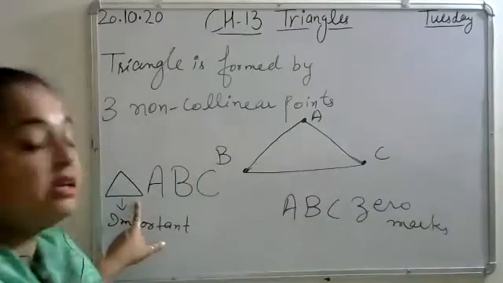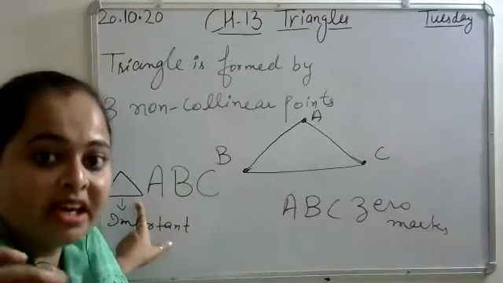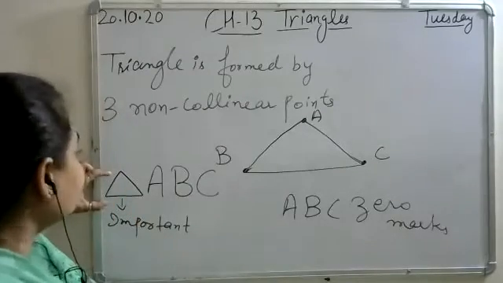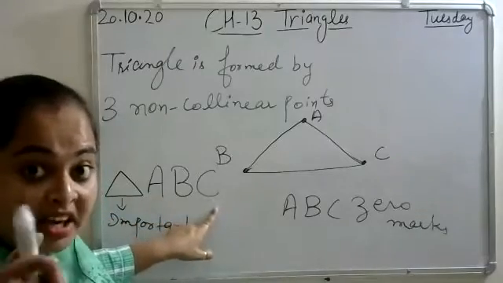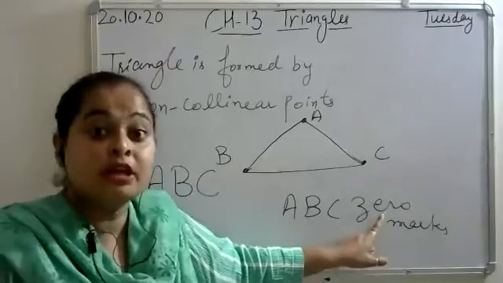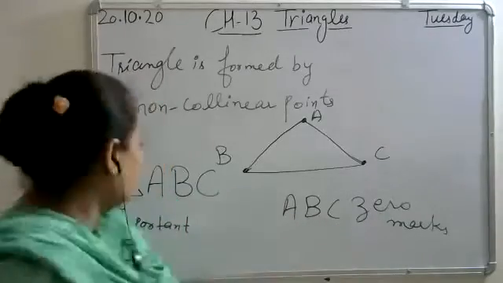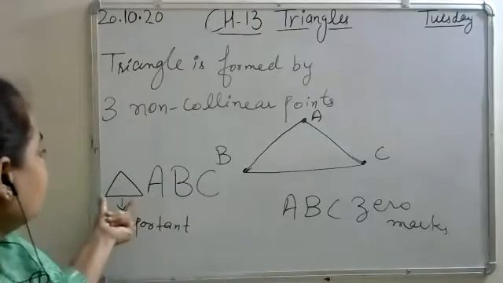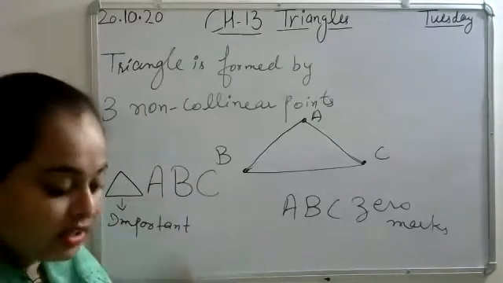Whenever you assign a name to any triangle, this symbol is compulsory in front of A, B, C. I am repeating, without this symbol you will get 0 marks because A, B, C alone is nothing. Triangle ABC: this symbol is compulsory at the start.